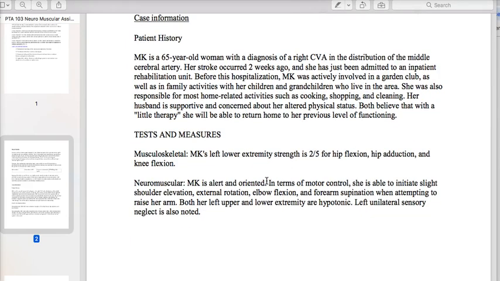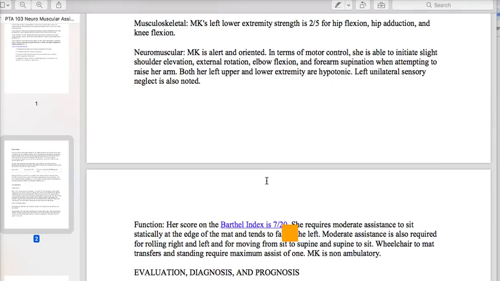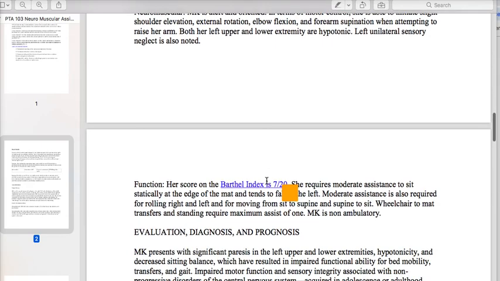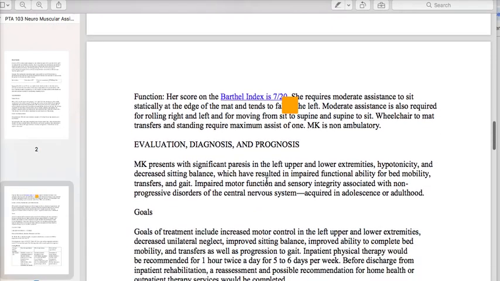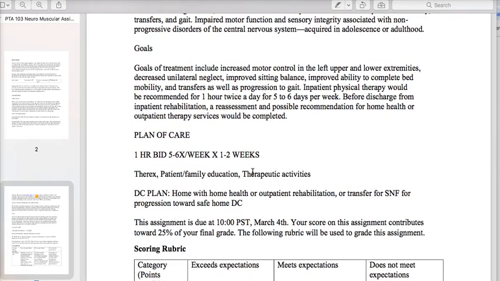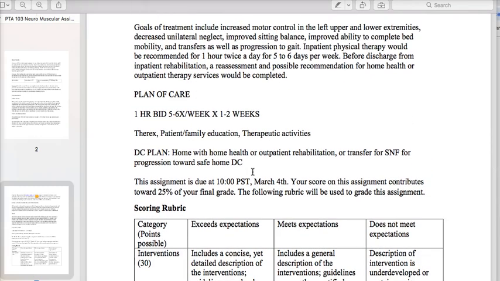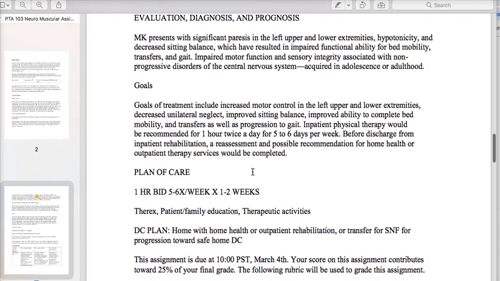So you have the information of the case here, the test and measures that were used for this particular patient. The evaluation and prognosis, the goals set by the PT. Again, we're looking at, in your case, about 3 1-hour sessions, so 3 hours total.